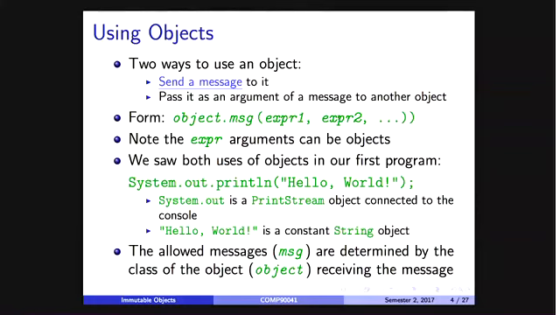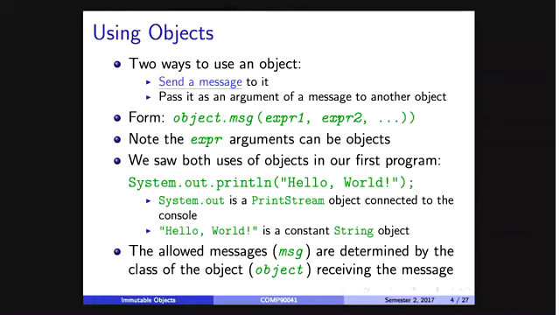So if object is your object, you can say object.message whatever, and send a message to that object. And of course these expressions can be any valid Java expression, and an object is a valid Java expression, so you could pass an object there.